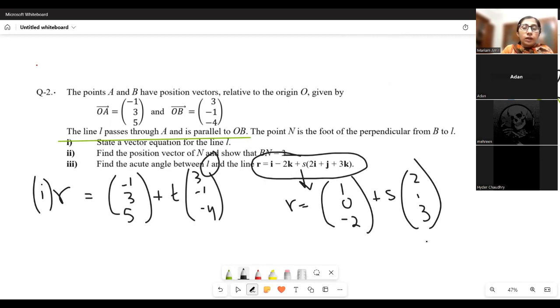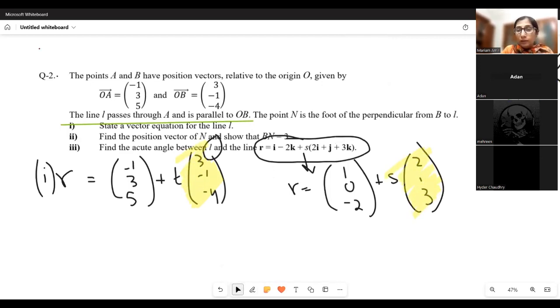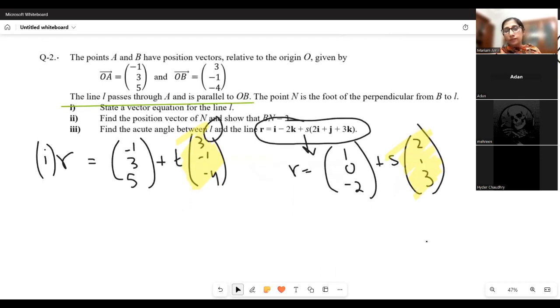To find the acute angle between the two lines, all you have to do is find the angle between their direction vectors, because the angle between the original lines and the angle between the parallel vectors would be exactly the same. So we're going to use the dot product method here.